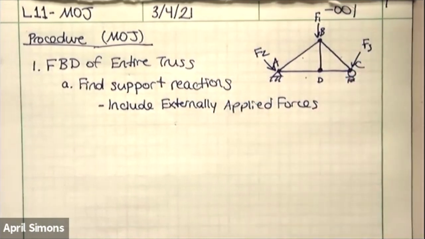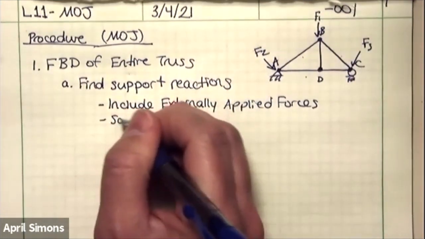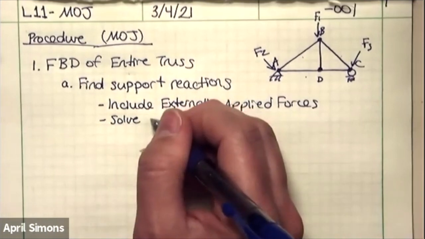Those forces are always applied at the joints on a truss, but we want to include externally applied forces and solve for the unknown support reactions.